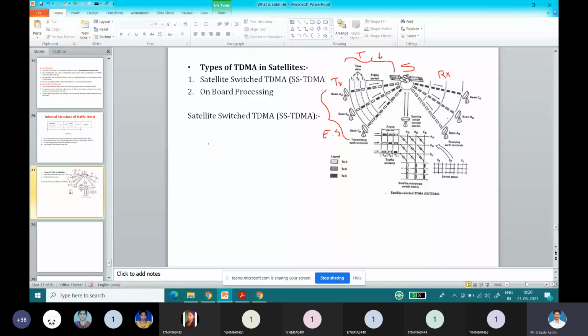When you go for this satellite switched TDMA, we write some points to help understand it.